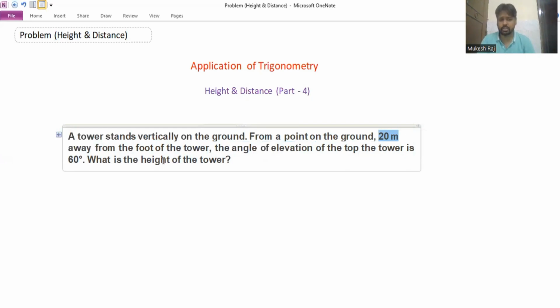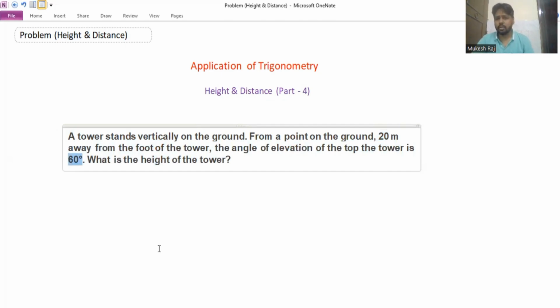It is asked to find the height of the tower. So this question is directly asking for the height calculation with respect to the given parameters, that is the distance of 20 meters and angle of elevation as 60 degrees.